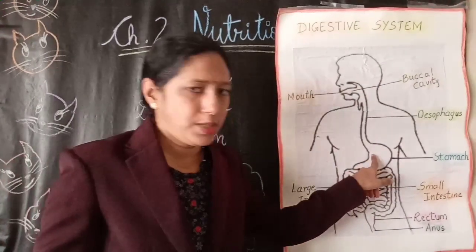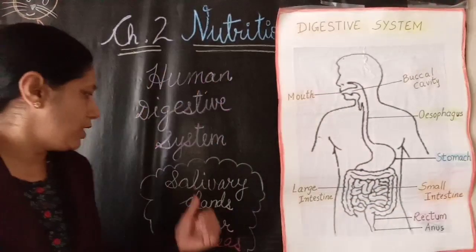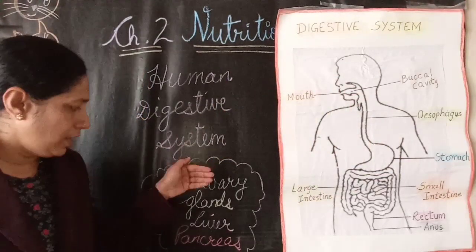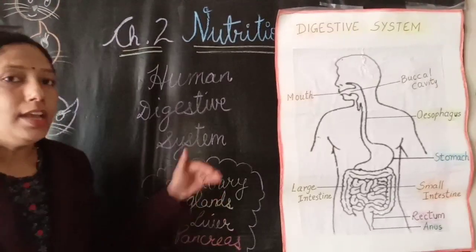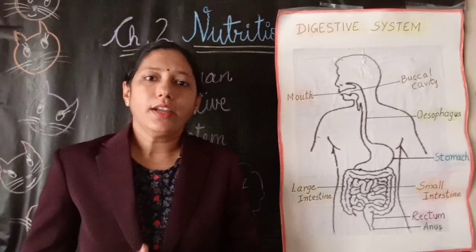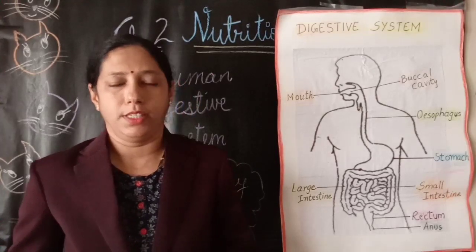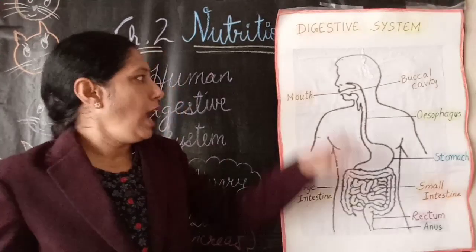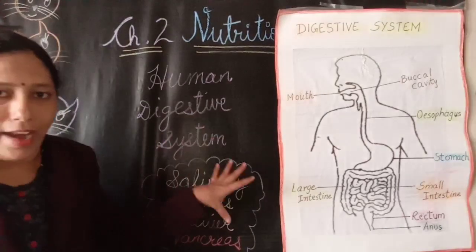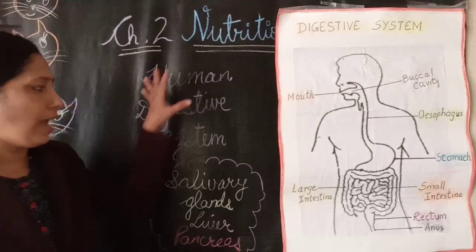The inner walls of stomach and small intestine and the various glands associated with the canal like salivary glands, liver, pancreas secrete digestive juices. These digestive juices convert the complex substances of food into simpler substances. So the alimentary canal along with the different glands associated with this canal forms the human digestive system.